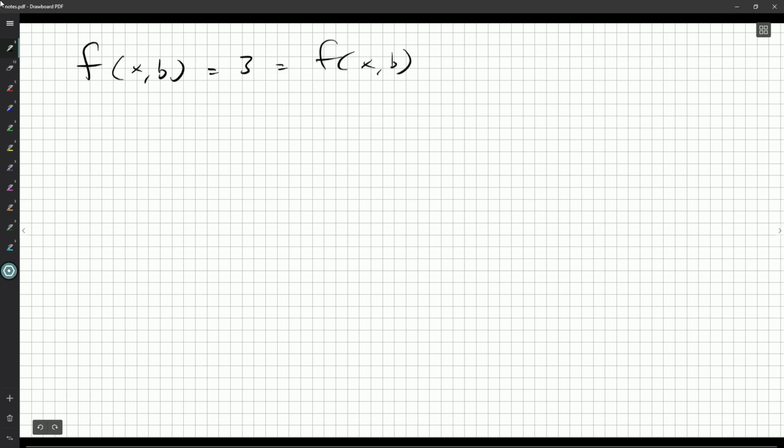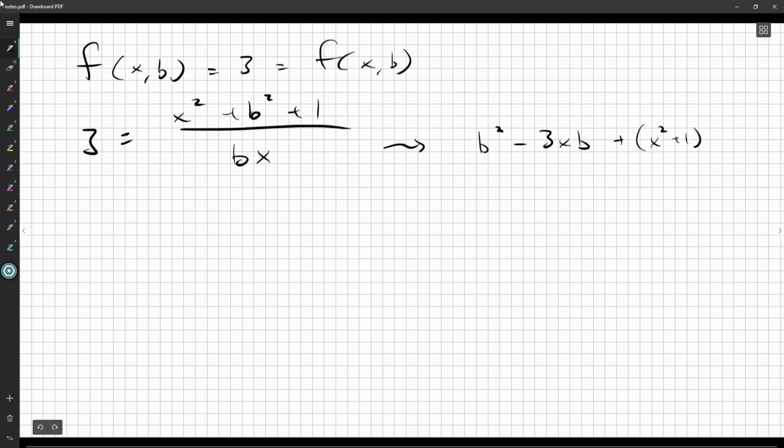So 3 being equal to x squared plus b squared plus 1 all over bx rearranges to b squared minus 3xb plus x squared plus 1 equals 0.